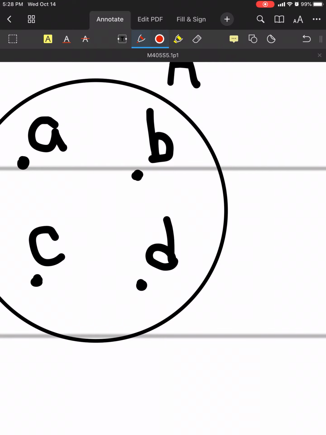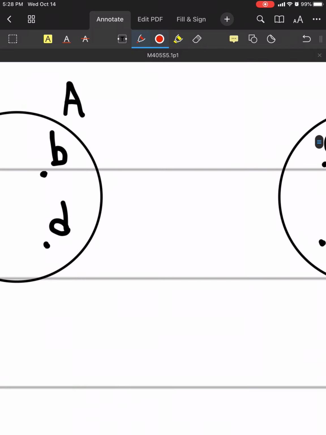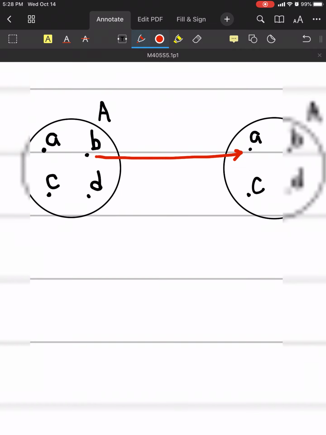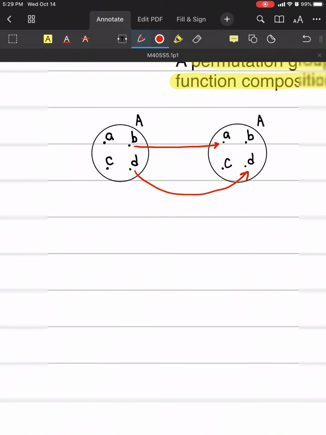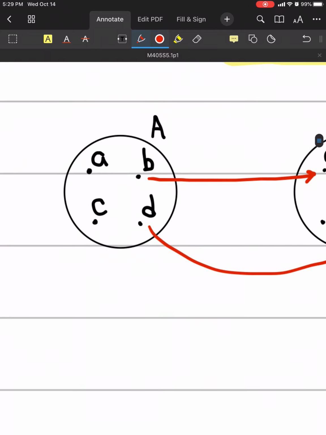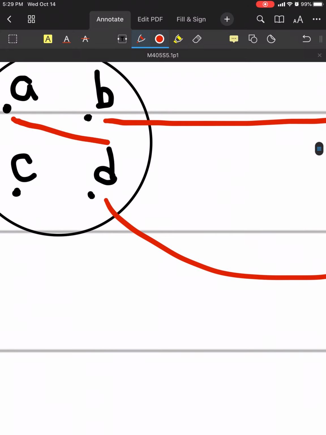And let's draw in some arrows. So let's say, for instance, B goes to A, D goes to itself, C, hang on, let me see if I can do this a little bit better. Let's say A goes to B. No, let's try making A go to C. This is going to be a little bit tricky.